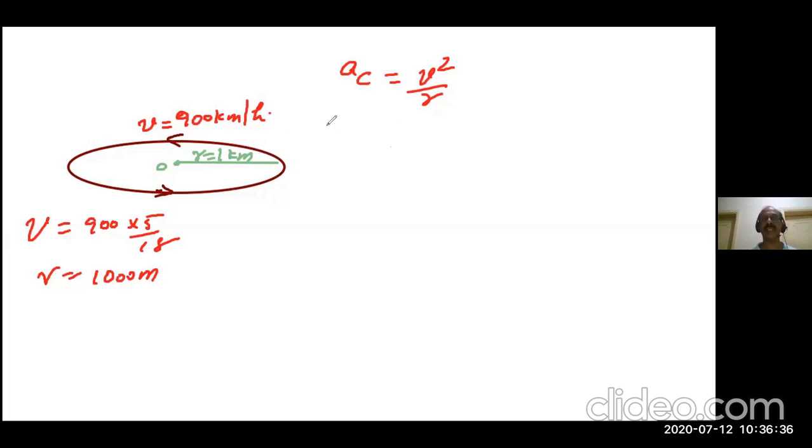First you find AC. After finding AC, find AC by g, where g is 9.8. Velocity is equal to 250 meters per second.